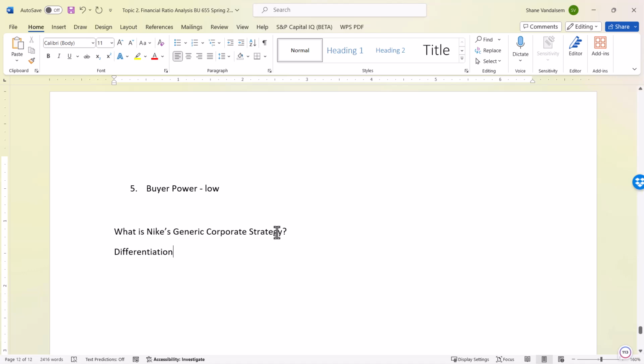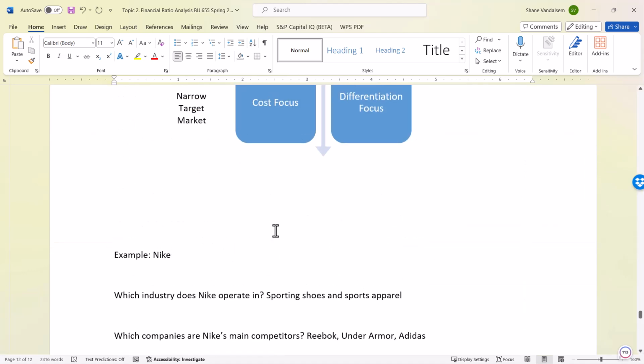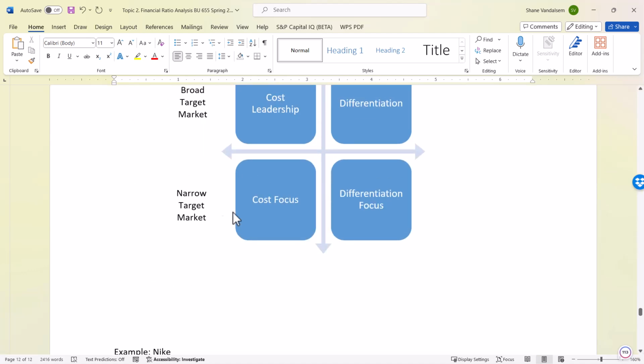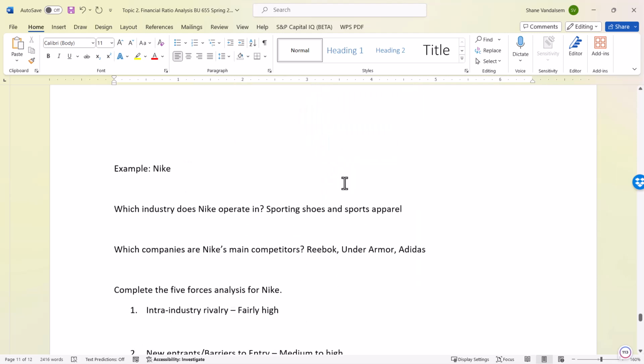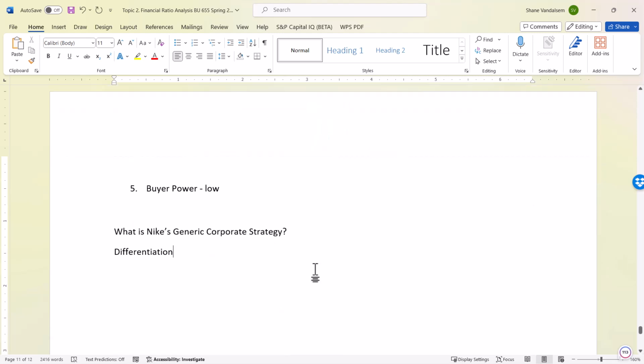I mentioned focus before. And like I said before, this can be a little bit more difficult. So when we talk about differentiation focus, Nike wouldn't be a good example of this because they don't go after a specific subset of the marketplace. A good example of this might be Rolex. Okay, so Rolex is a very high cost watch company.